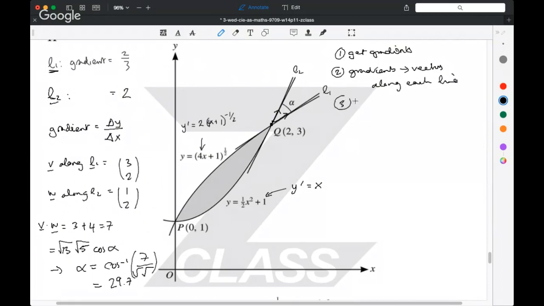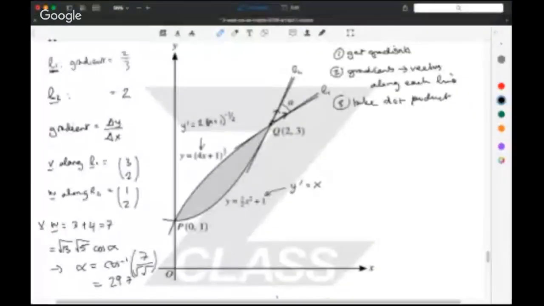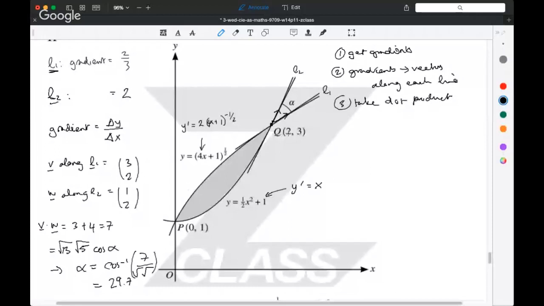And step 3, take the dot product. So the thinking here is that if I have a vector along the line and a vector along the other line, the angle between them is going to be alpha as well. That's the whole point. So therefore I can use the dot product.